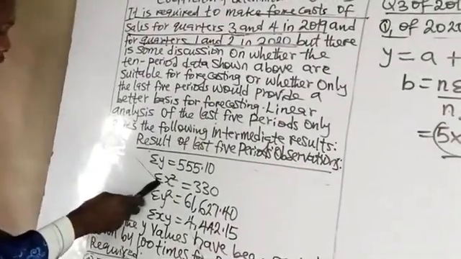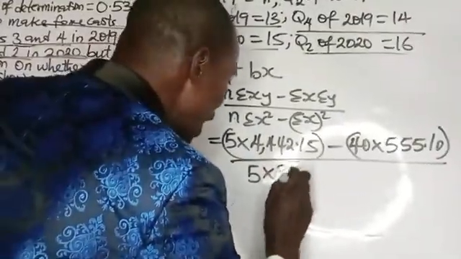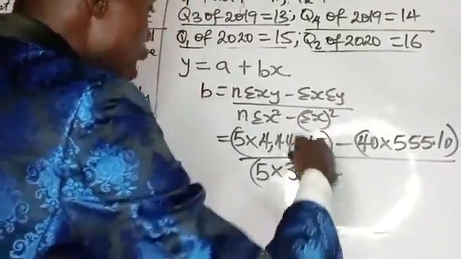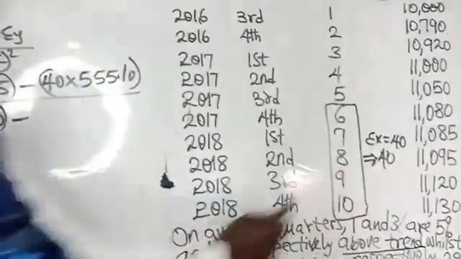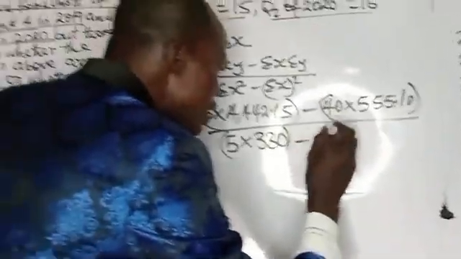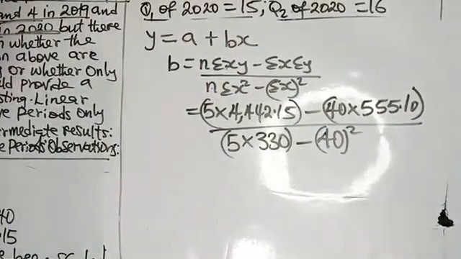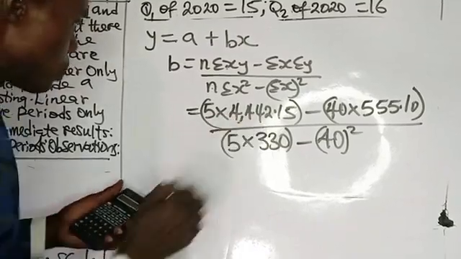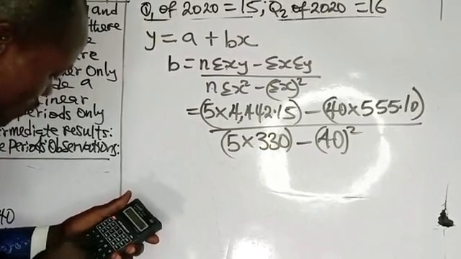Summation x squared is 330, minus summation x all in square. Summation x remains 40 as determined earlier, so we have 40 square. So 5 times 4,442.15.